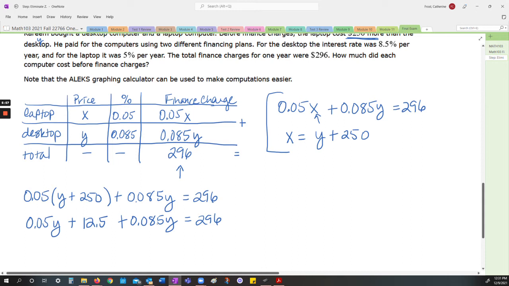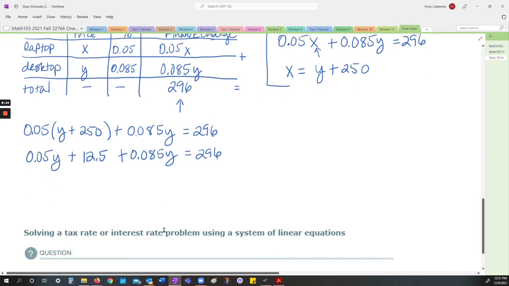And so combining our like terms, the y terms, 0.05 plus 0.085. For some reason I'm having trouble using a calculator today. So 0.135y plus 12.5 equals 296.